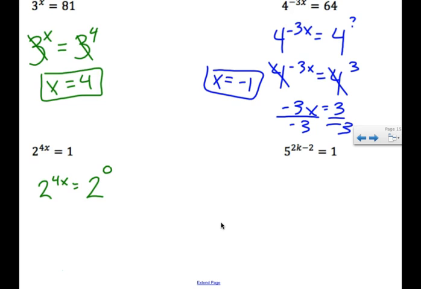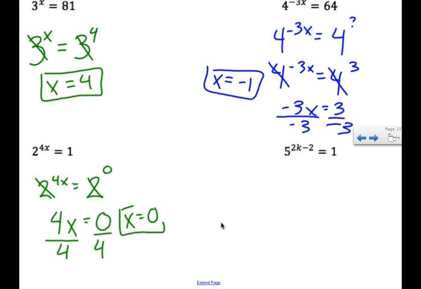That's the same thing as a 1. So now my bases are the same. I can cancel them out, leaving me with 4x equals 0, divide by 4, and I get x equals 0. Okay? So every single time, your x may not be 0, but your exponent is 0. So don't just think that, oh, x equals 0 is my answer all the time, because you'll see it's not the case, then you try.